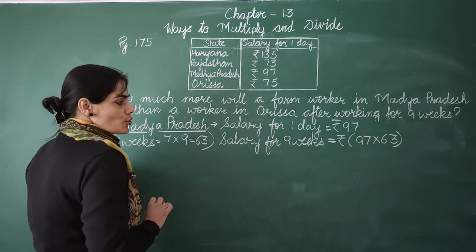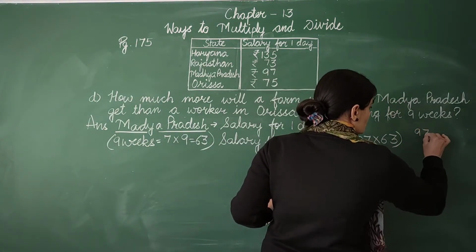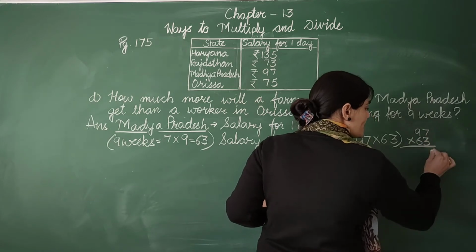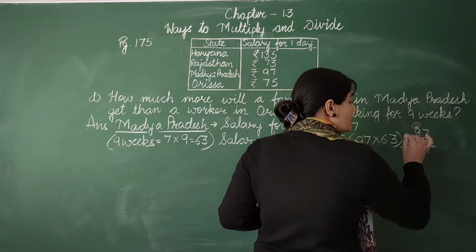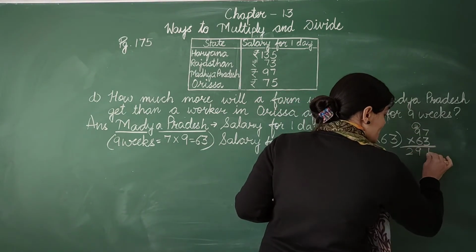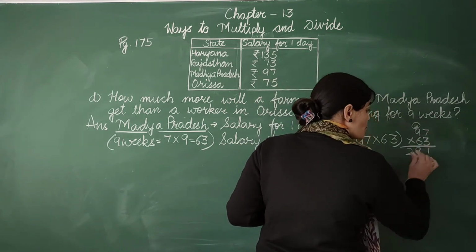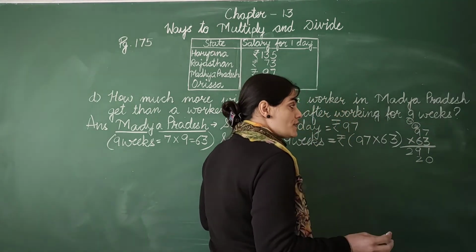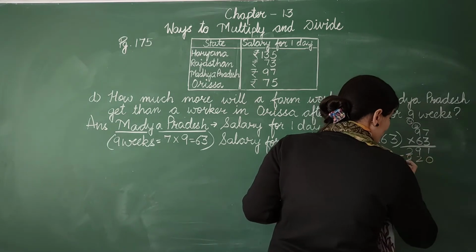So let's show the working, everyone. 97 being multiplied by 63. 3 7s are 21. 1 I write and 2 I carry. 3 9s are 27 plus 2 makes it 29. Now 6 7s are 42. 2 I write and 4 I carry. 6 9s are 54. 54 plus 4 makes it 58.